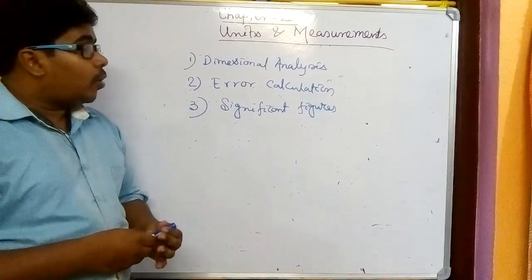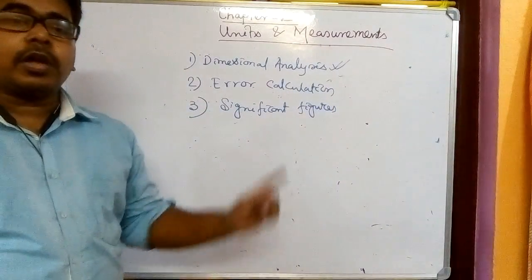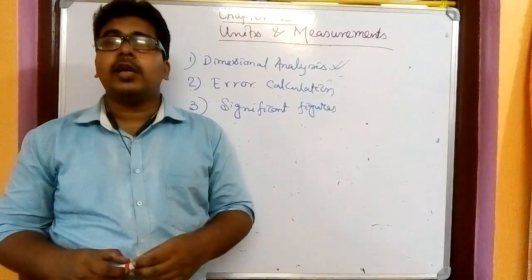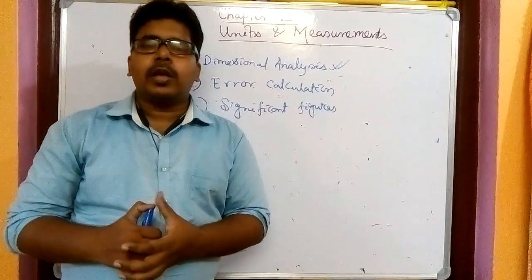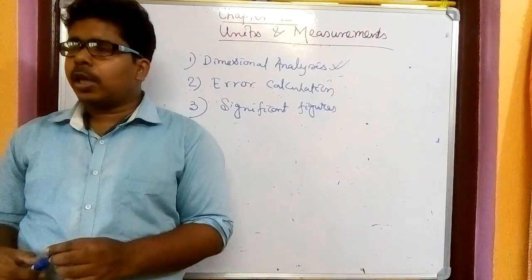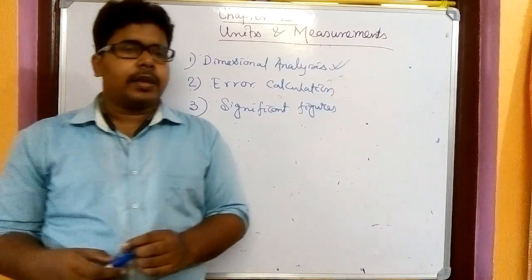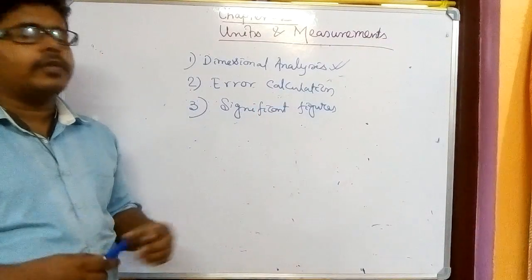According to the series, the first one is dimensional analysis. For dimensional analysis only, we need at least two videos to explain properly what dimensional analysis is and the numericals on dimensional analysis. And then we'll go for error, which will also take one video, and significant figures.